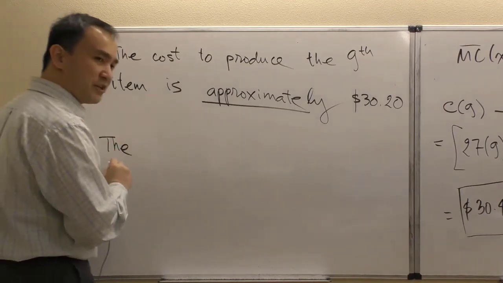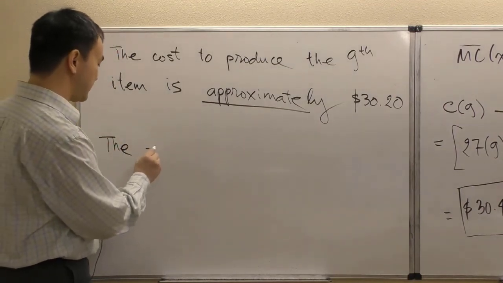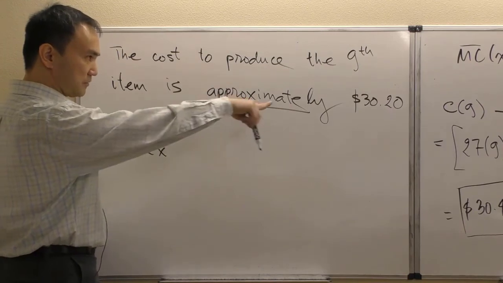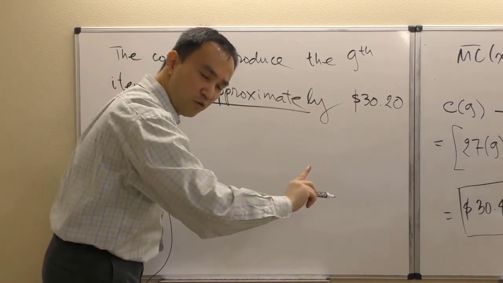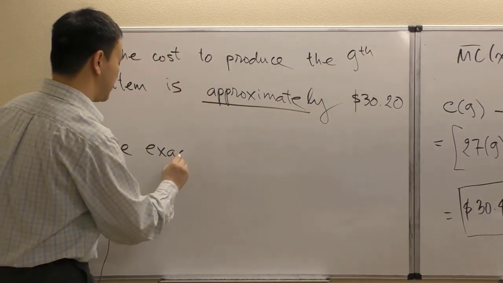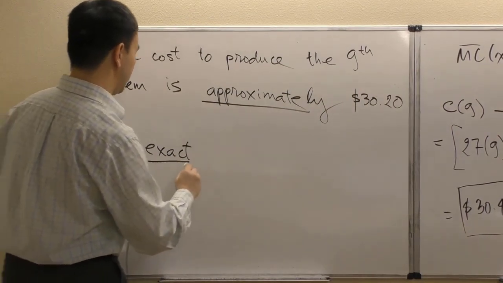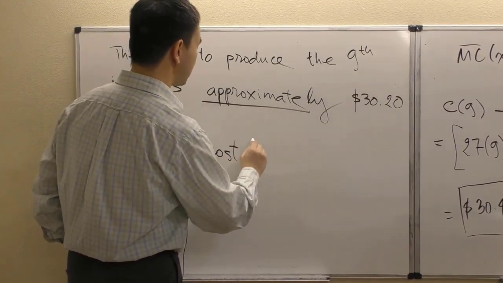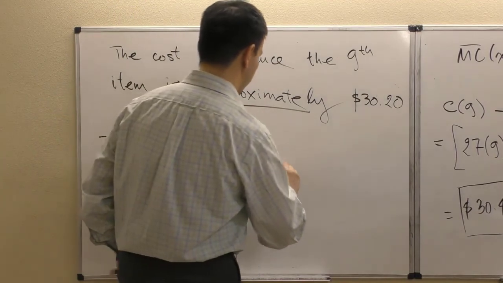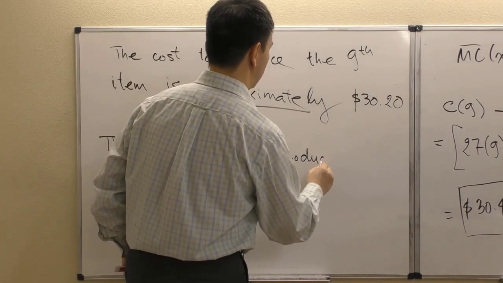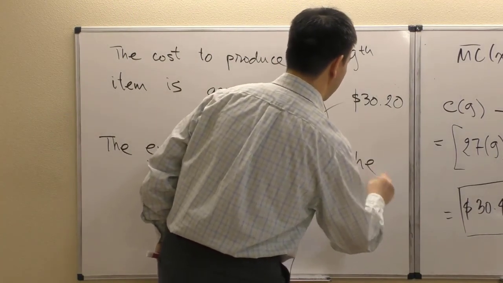That answer we have just found in part D is the exact. So earlier $30.20 was only an approximate, but this is the exact, okay? The exact cost to produce the 9th item.